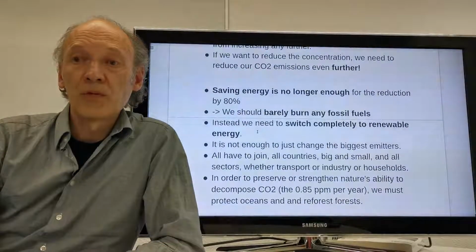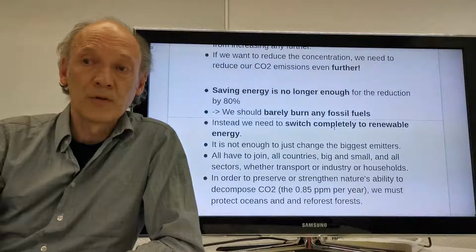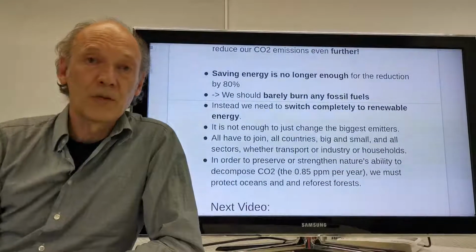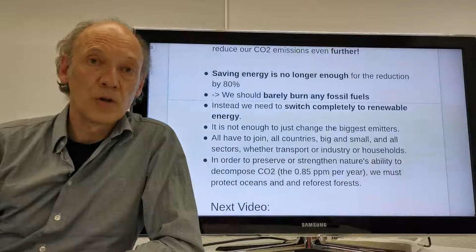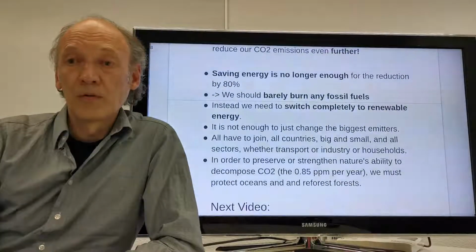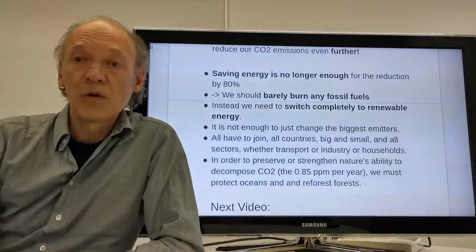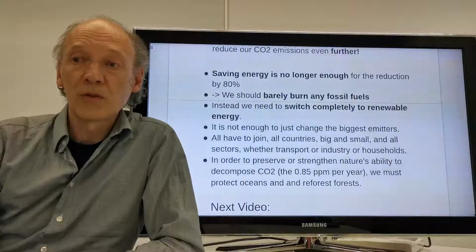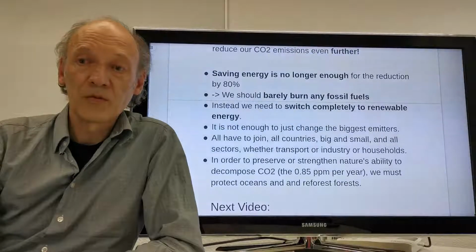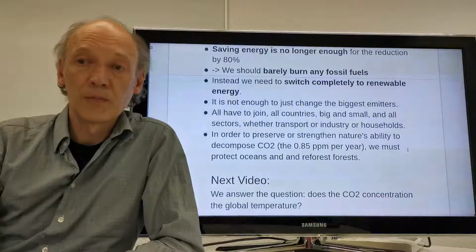So instead we need to switch completely to renewable energies, right? That can be wind, solar, or something that grows. So it's not enough to just change the biggest emitters. We all have to join, all countries, big and small, and all sectors, whether transport or industry or households, because we need to reduce so much.